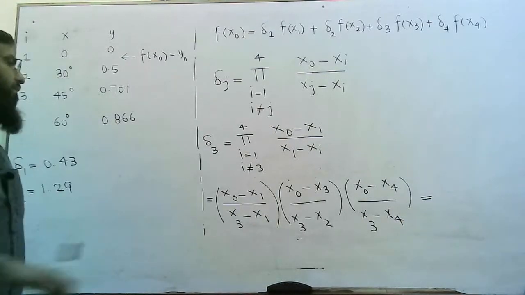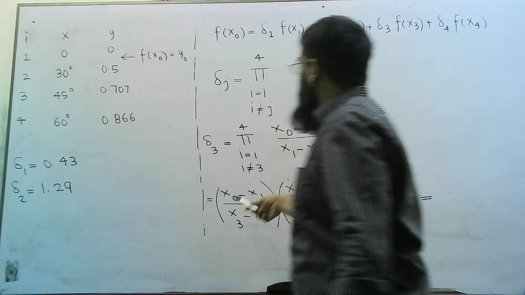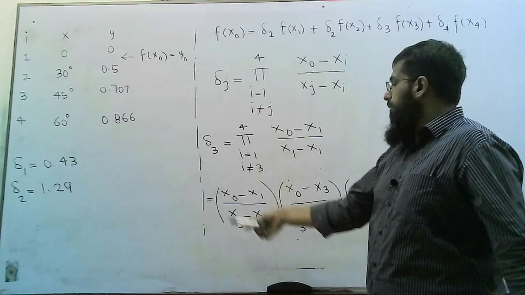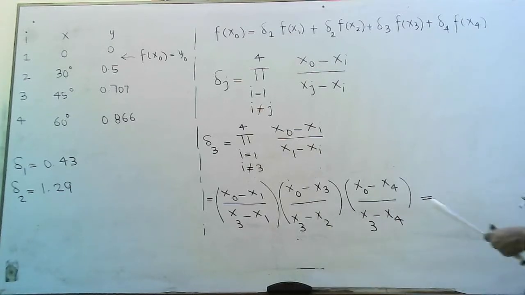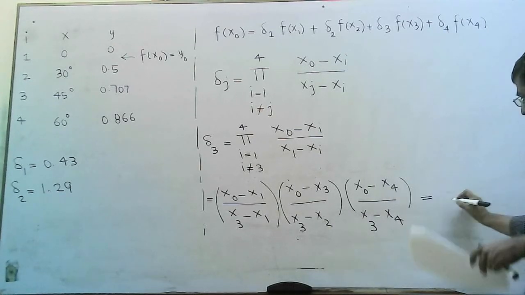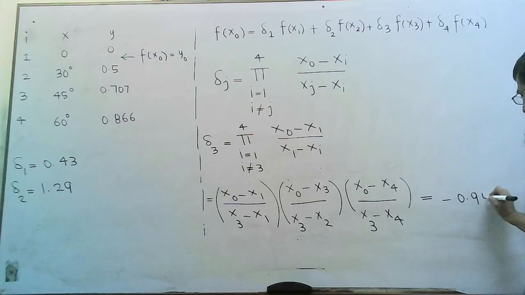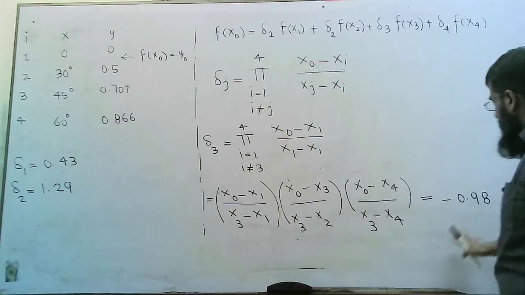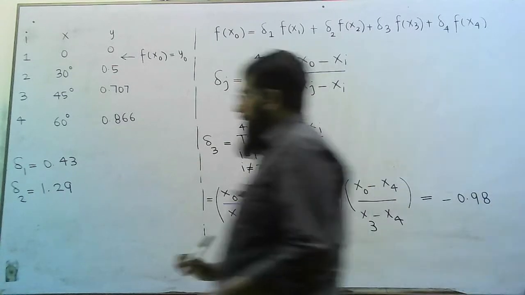Then we plug these values from this data table: x0 is 10, x1 is 0, x3 is 45, and going on this way, del 3 would be minus 0.98. Some of the values would be negative, some positive, and finally it comes out to be minus 0.98.